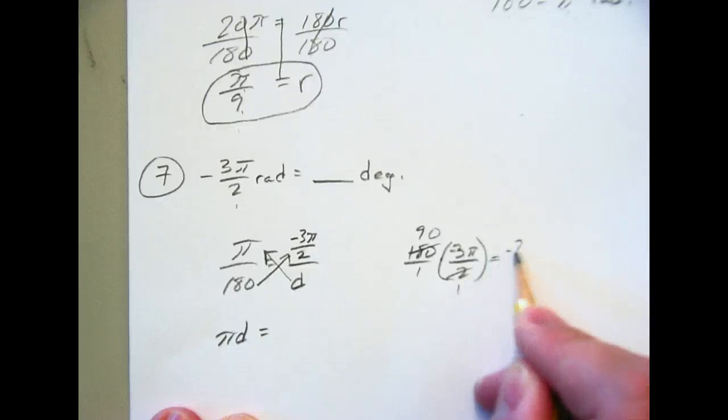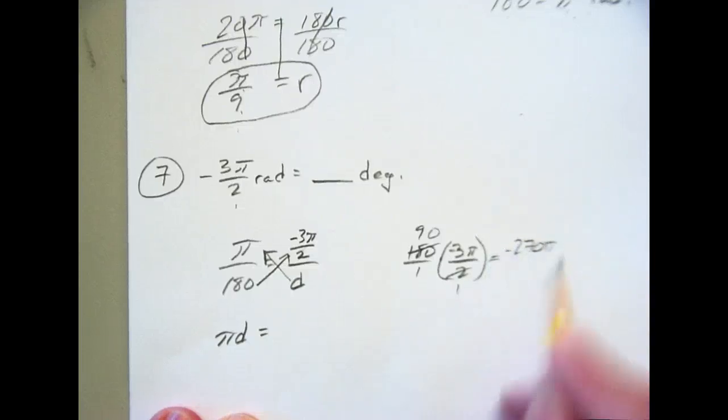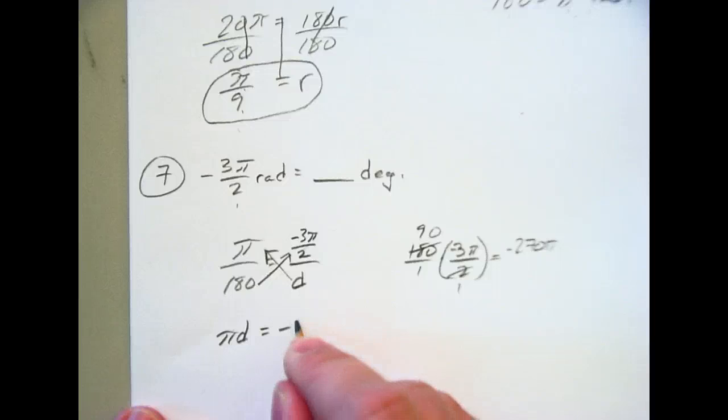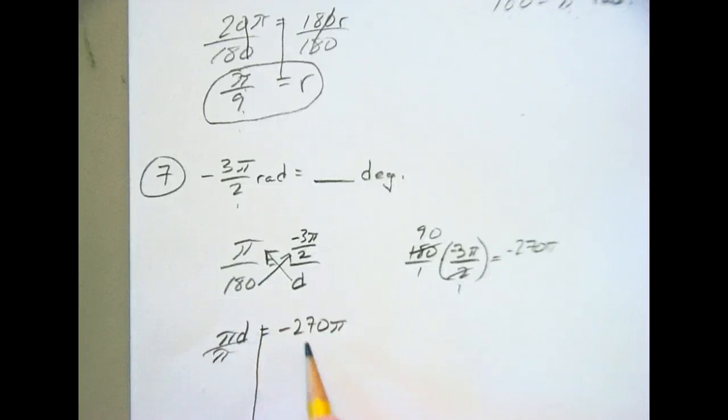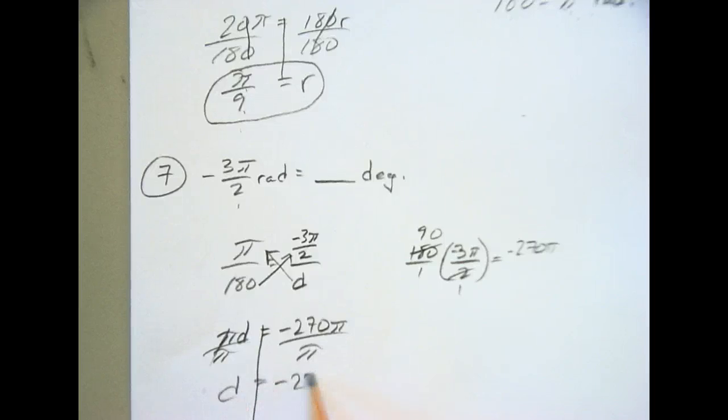So negative 270 pi. So that equals negative 270 pi. Now we divide by pi. So d equals negative 270. Remember, when you get to your degrees, you shouldn't have a pi symbol. Okay? How many knew it was 270 before we started?